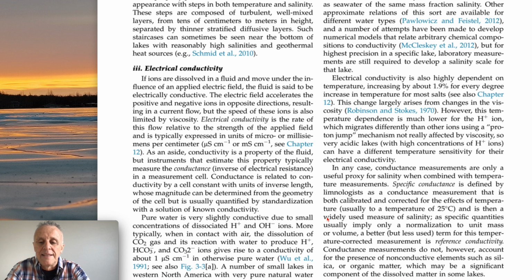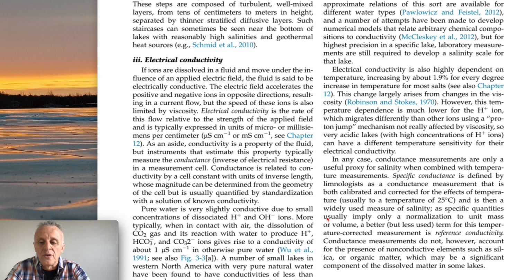So a very acidic lake with a high concentration of proton ions can have a different temperature sensitivity for its electrical conductivity. In any case, conductance measurements are only a useful proxy for salinity when combined with temperature measurements.